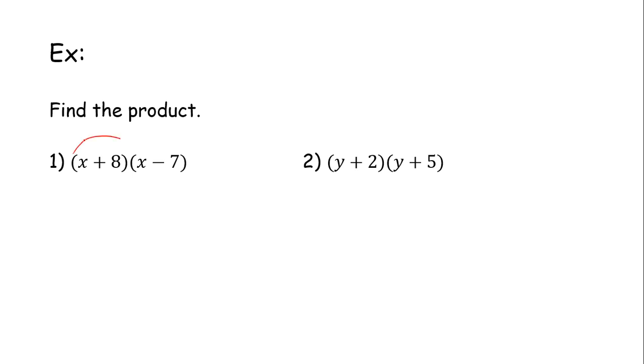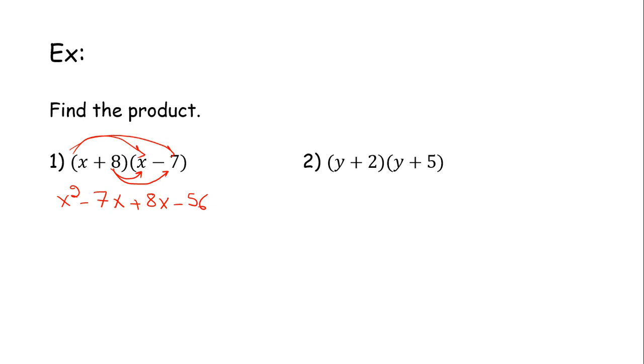X times x, we get, very good, x squared. X times negative 7 is negative 7x. 8 times x is positive 8x. 8 times negative 7 is negative 56. Now, most of these problems, when you finish, you're most likely going to have to simplify in some way by combining like terms.